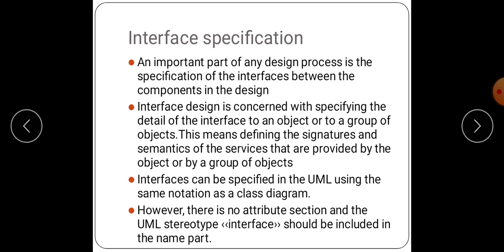Means they are telling there is no attribute section. Okay, in interface there is no attribute section, but the UML stereotype interface should be included in the name part.